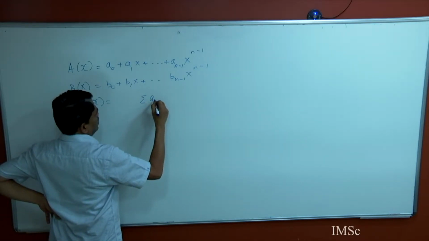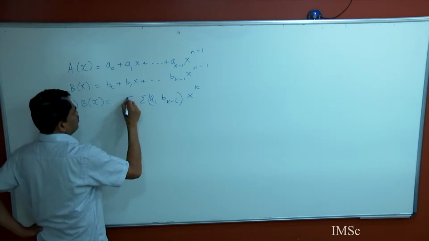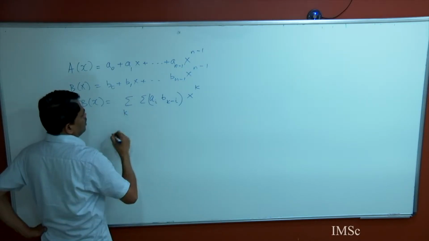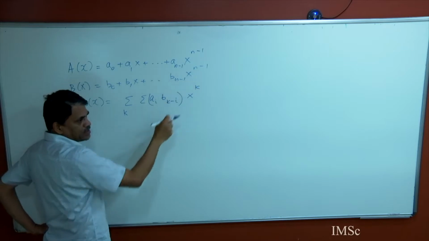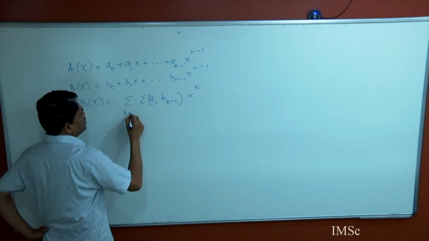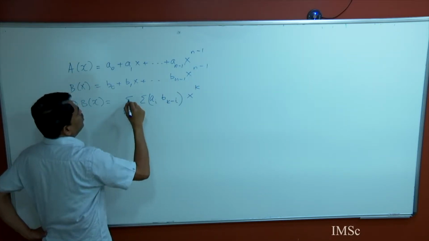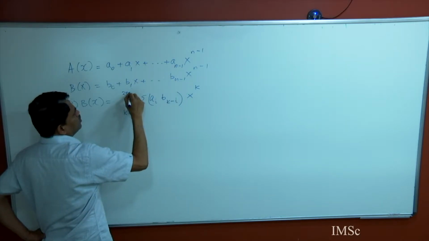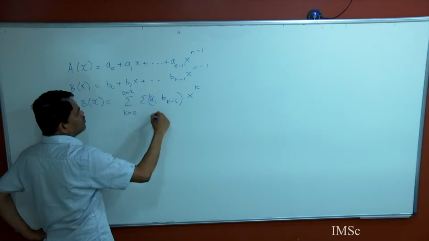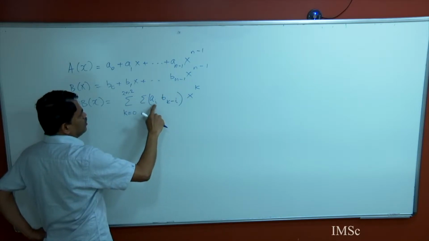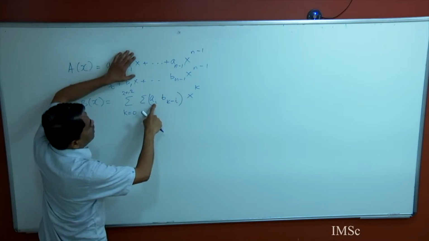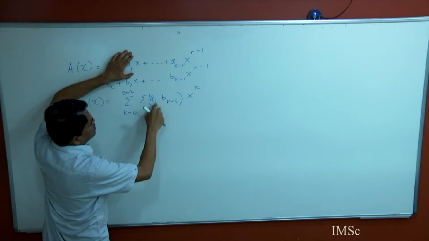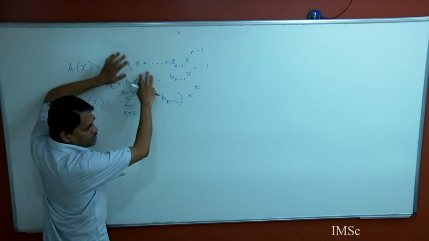So, you have ai, right. There are some x power k terms where k would range from 0 to 2n minus 2, and what is the coefficient of x power k? You take x power i from here and x power k minus i from here and multiply, right.